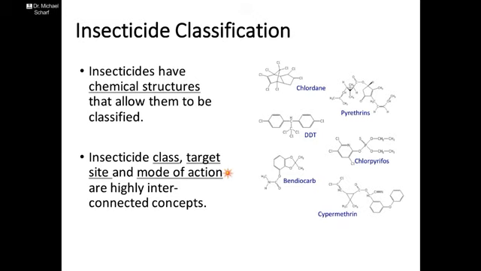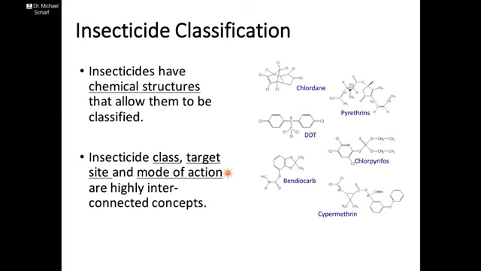So these are all highly interrelated and interconnected concepts. Insecticide class, target site, and mode of action, they all go together in very predictable kinds of ways. So hopefully that's one of the things I'll be able to impress upon you for the rest of the talk, is just how very specific the insecticide tools that we have today can be in targeting very specific aspects of insect physiology.